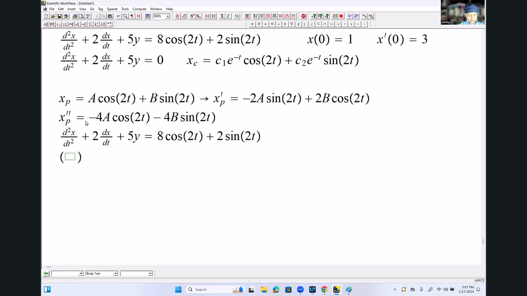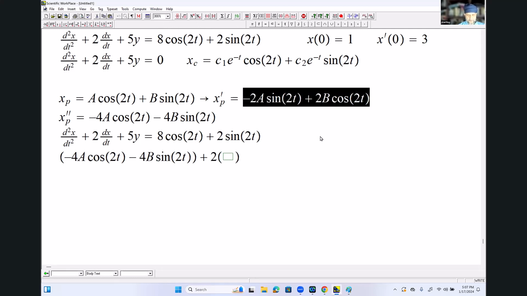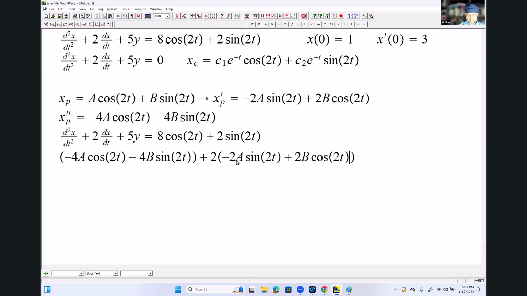So this is the second derivative, plus 2 times the first derivative, plus 5 times the original value that we had.